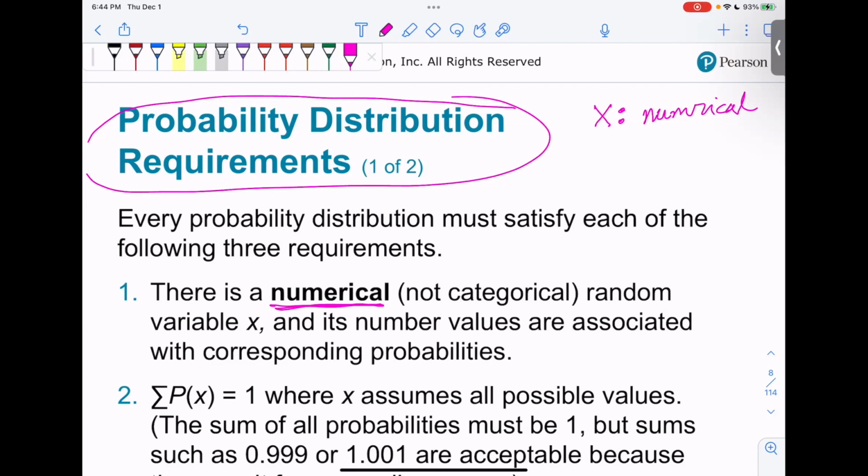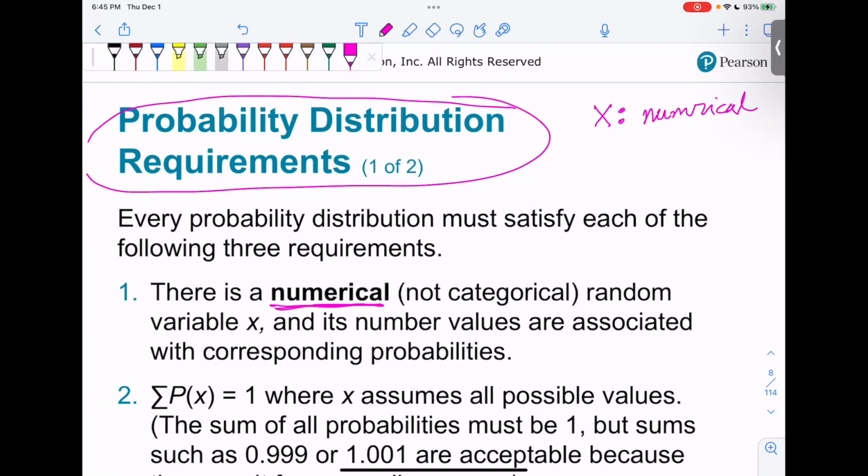Do you remember the 4 levels of measurement? We have nominal, ordinal, interval, and ratio, right? Ordinal and nominal are both categorical data, so those two will not be included in our list.